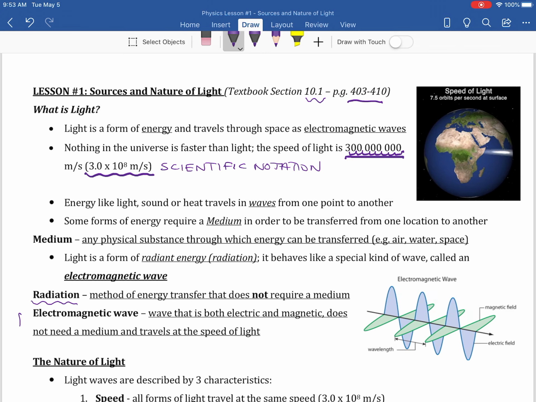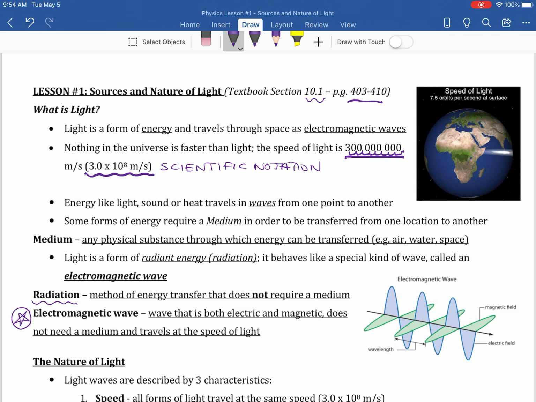So when we talk about a thing called an electromagnetic wave, it's a wave that has electric qualities and magnetic qualities. It doesn't need anything to travel in. So it doesn't need a medium, so it can travel in a vacuum. Okay? And for instance, like in space. It also travels at the speed of light, which is what? 3.0 times 10 to the power 8 meters per second.